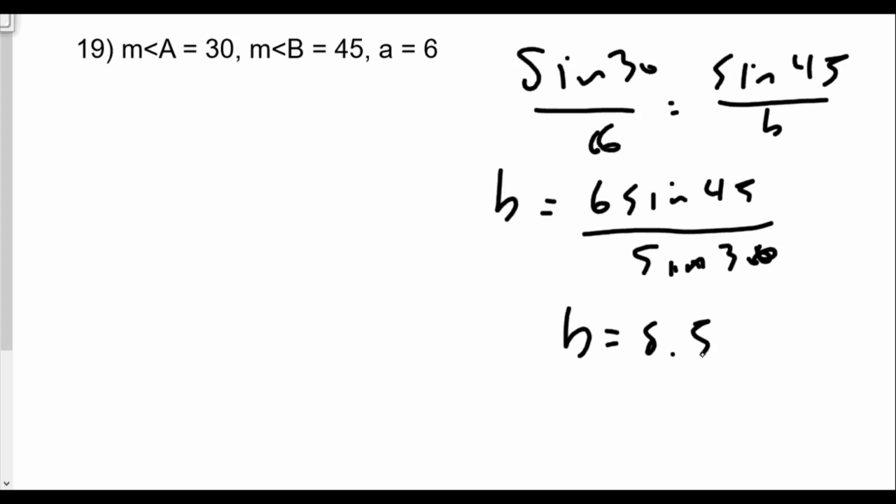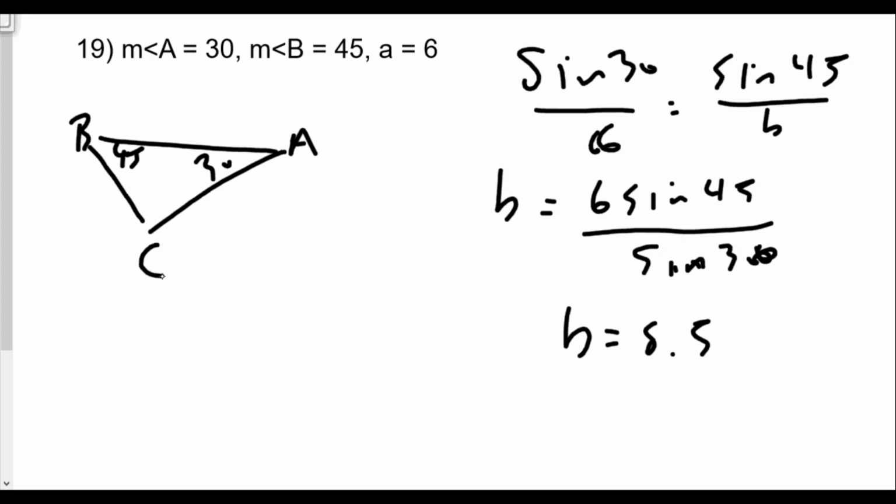And so we're given the two angles. Here, we'll draw a triangle. This is 30 degrees, A. Here's 45 degrees, here's B. And C is going to be, in this case, 105 degrees. We found B to be 8.5 and A to be 6.